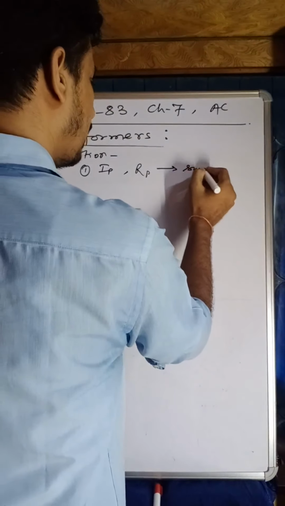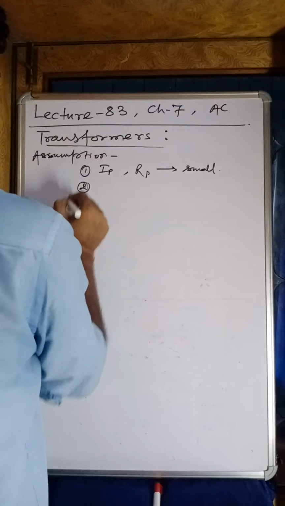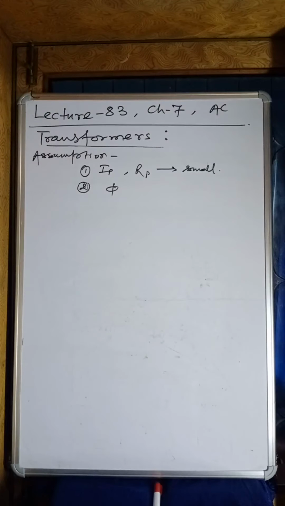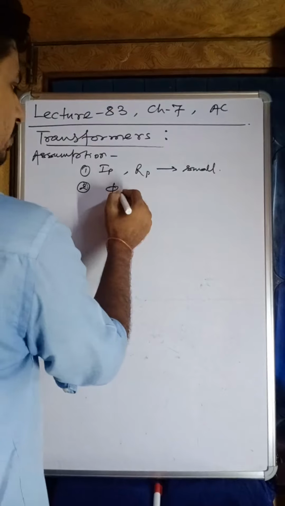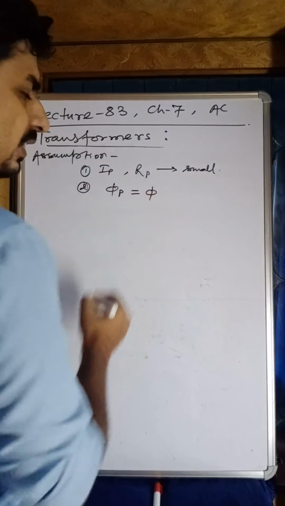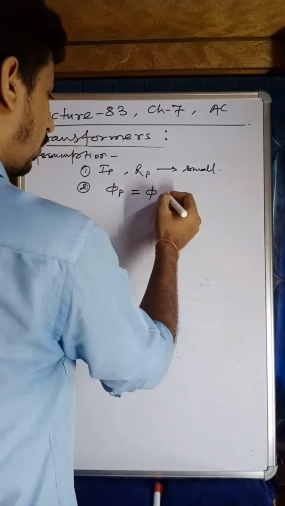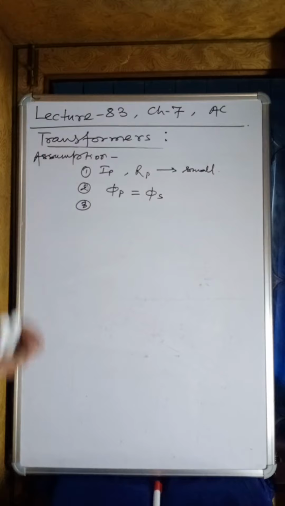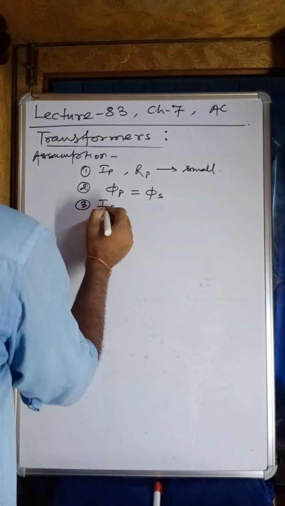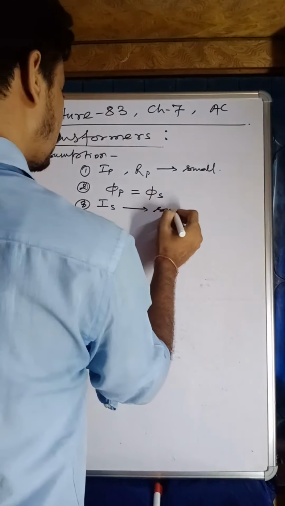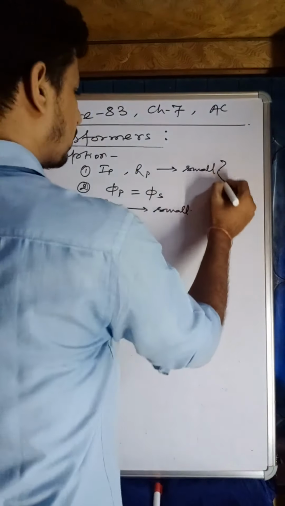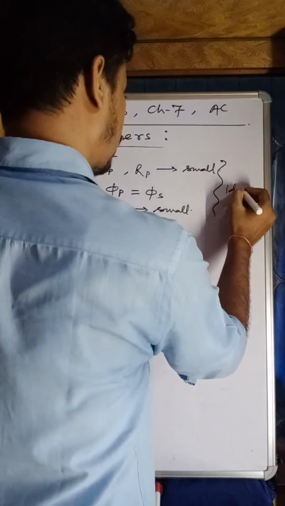Second assumption, the flux that is produced by the primary coil should equal the flux linked with the secondary coil. And the third one, the current in the secondary coil should also be very small. Remember, these are assumptions made for the ideal transformer.